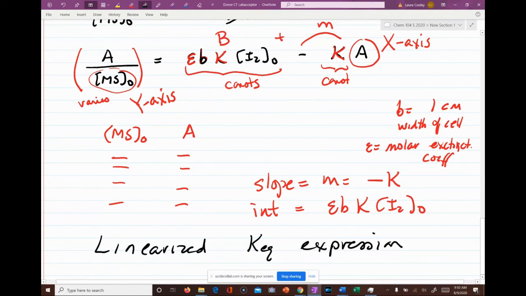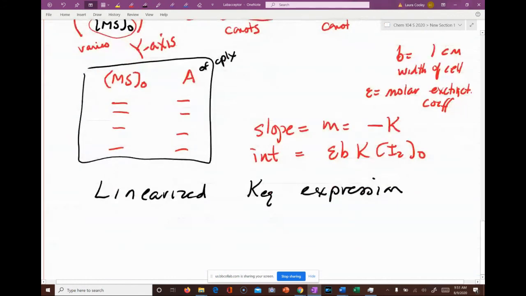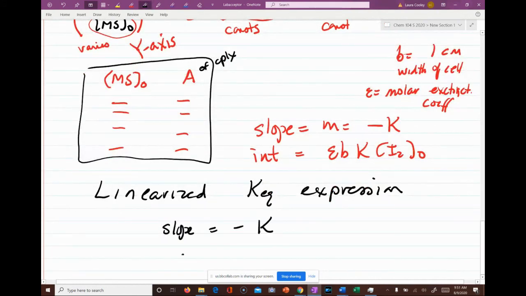And we have figured out how we can use our data. This is the data for our initial MS concentration, initial acetylene concentration, and the absorbance of the complex. We have figured out how to use that data to extract the equilibrium constant. Since the slope is minus K, K is the negative of the slope.